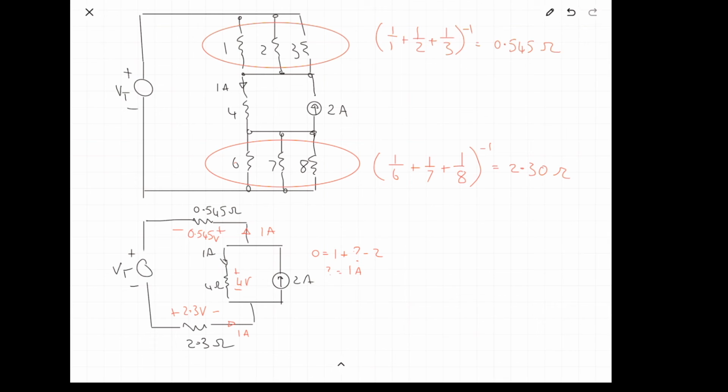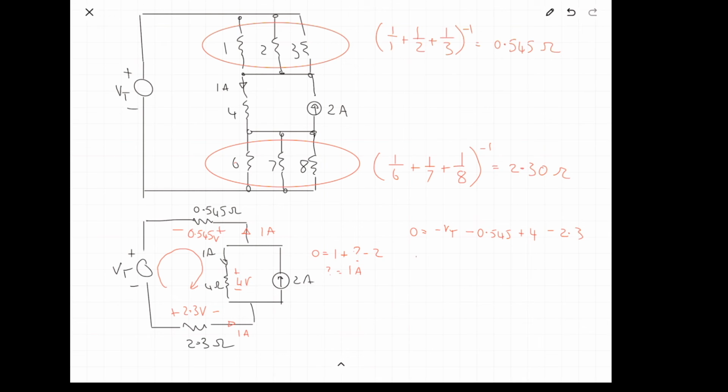And at this point, we have enough voltages around the circuit to be able to write Kirchhoff's voltage law and calculate VT. Again, we go clockwise direction, 0 equals minus VT, minus 0.545, plus 4, minus 2.3.